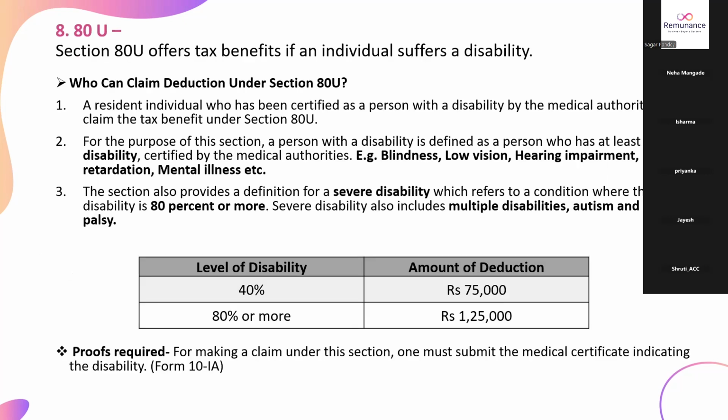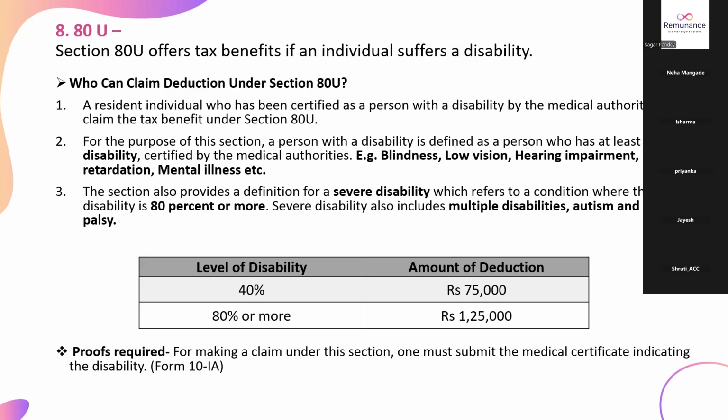Then we have 80U. 80U offers tax benefit if the individual suffers a disability. We saw 80DD, under which you can take tax benefit if a dependent is disabled, but under 80U, you will get tax benefit if the individual suffers a disability. Again, here the level of disability is 40%, which includes blindness, low vision, mental illness, etc. You will get exemption up to rupees 75,000.